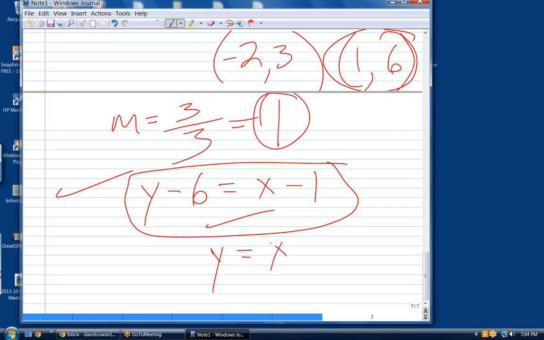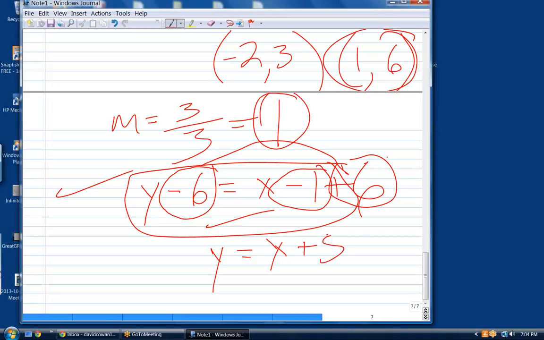1x plus, oh, wait. Let me look at my notes. Okay, we're moving the minus 6 to the other side, so we're going to just change its sign. So make it a plus 6. What's negative 1 plus 6?